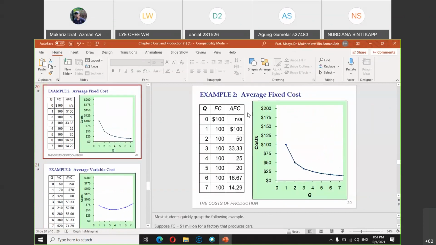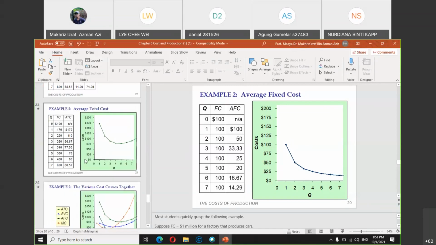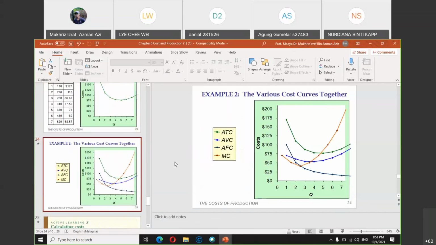This is the slide for average fixed cost. So this is slightly different than average cost or average variable cost. Both average variable cost and average cost have a U shape. But average fixed cost continues to decline, almost like a downward sloping curve. When you plot all of these three curves together, you get something like this.